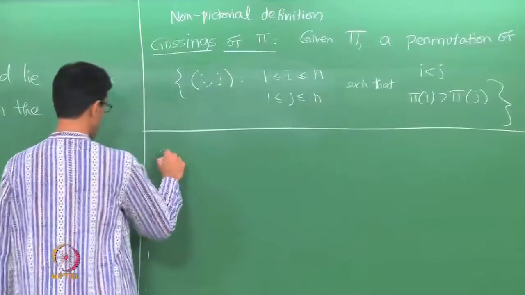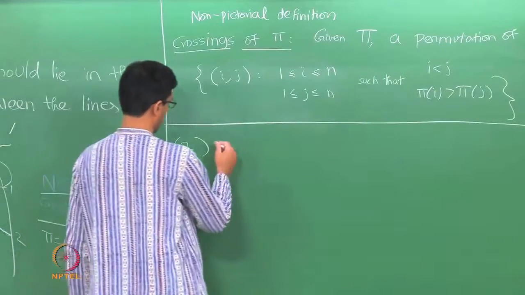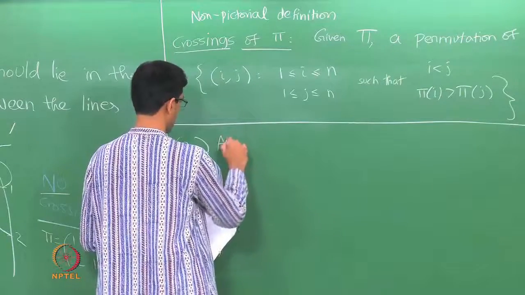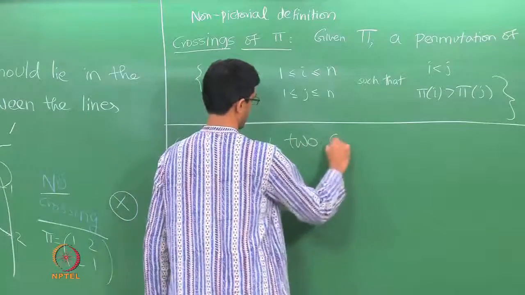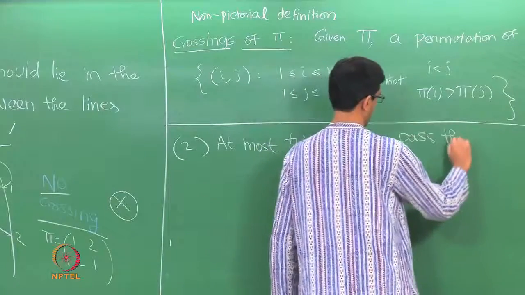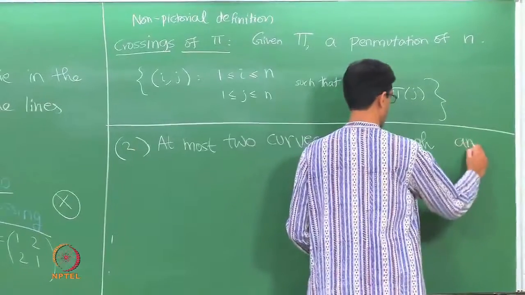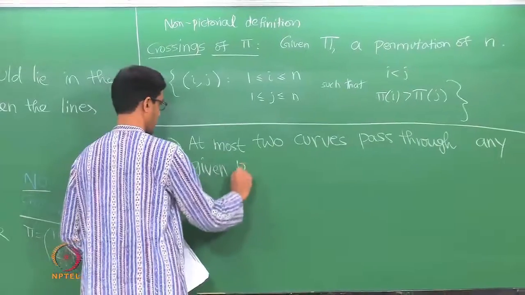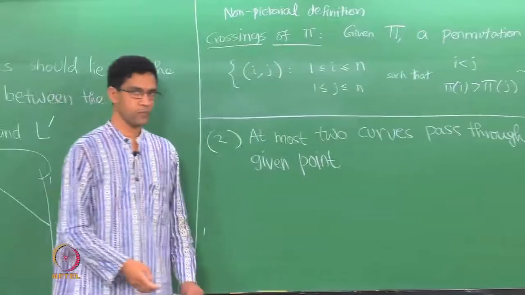So let's look at rule number 2. This is something that we have already looked at. You don't want too many curves to pass through the same point, so at most 2 curves pass through any given point.